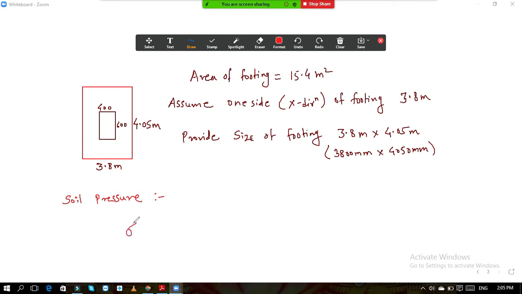So it can be calculated as sigma is equal to, what is the formula? Load on column divided by area of footing. Okay. So that we can calculate over here. Sigma is equal to load on column divided by area of footing.